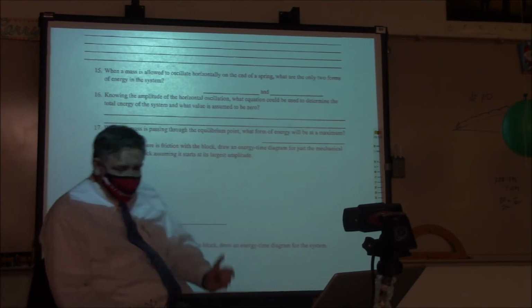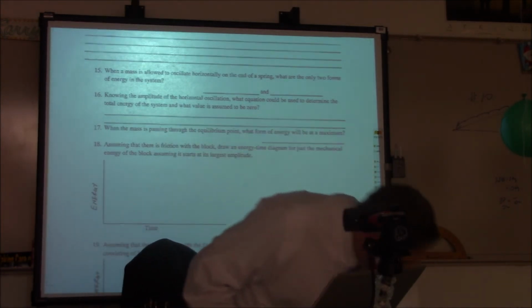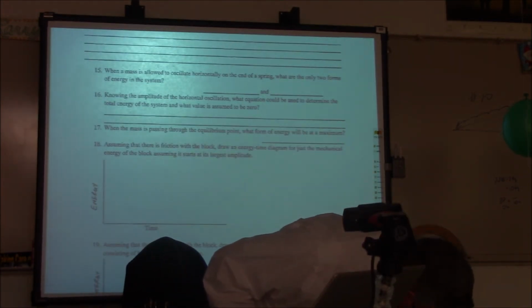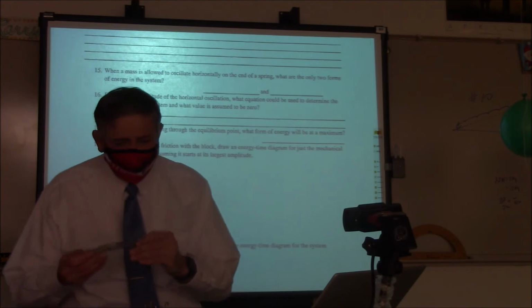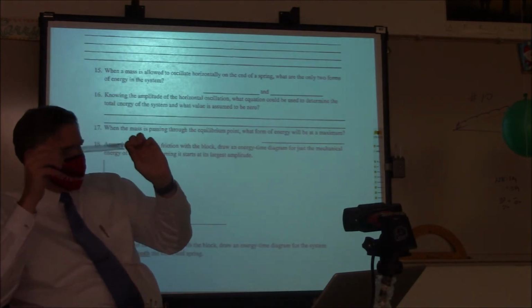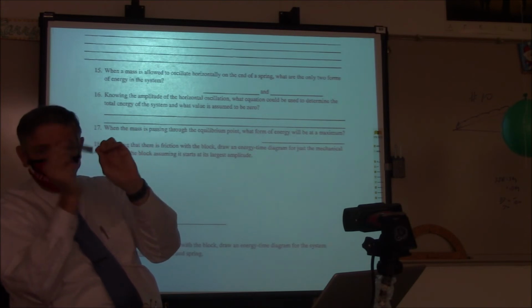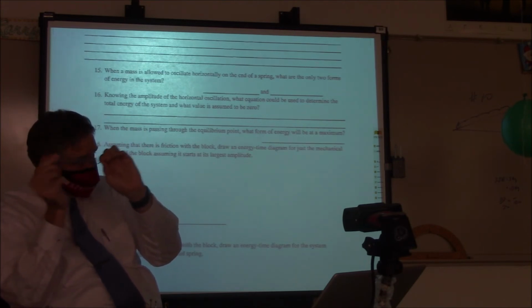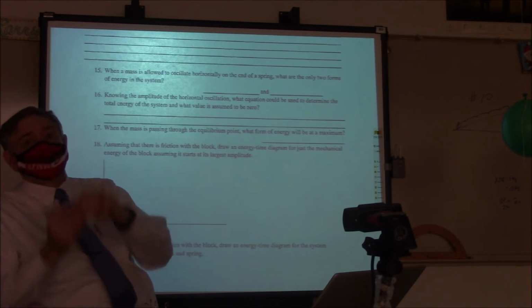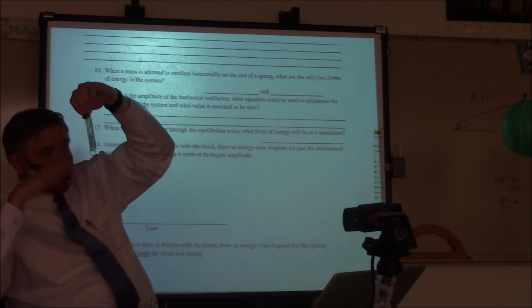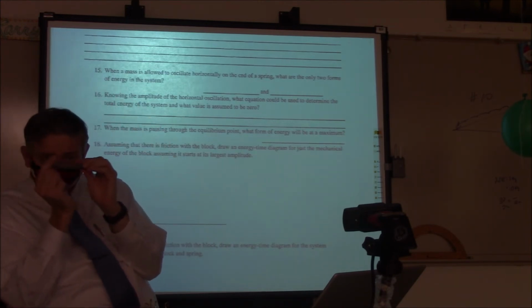So imagine I take this spring, hook it up, and stretch it out, and I'm going to have a mass on the end of it that's going to oscillate back and forth on the end of this spring. I'm not going like this. There's no gravitational effect. It's only going like this.